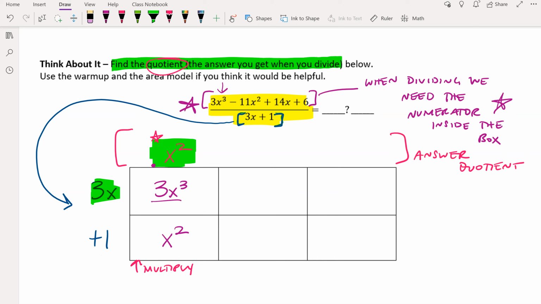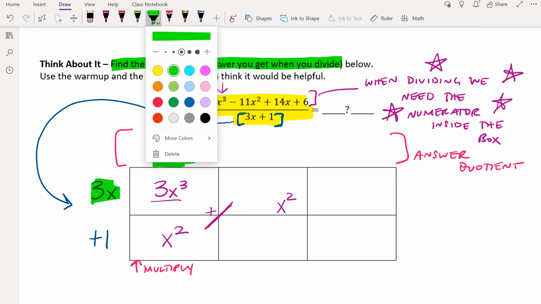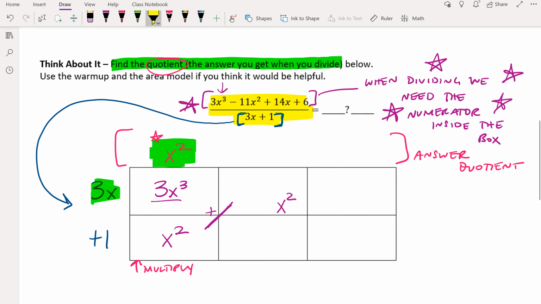Again, when dividing, we need the numerator inside the box. So we ask ourselves, the diagonals still have to add. And this has to be an x squared. We've talked about how the diagonals always have to match, like you always have to have the same number of x's on the diagonal.